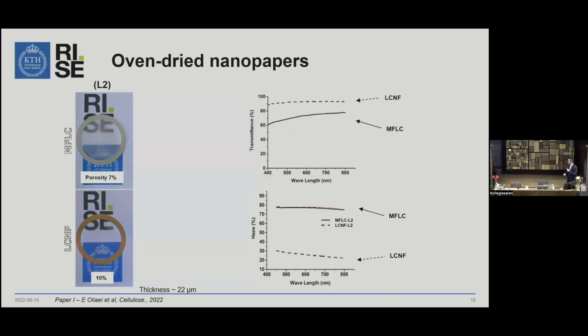For the MFLC case with coarser fibrils, the whole population, we see that the transmittance is lower than the nano-sized nanopaper, and the haze is much higher compared to LCNF nanopaper.